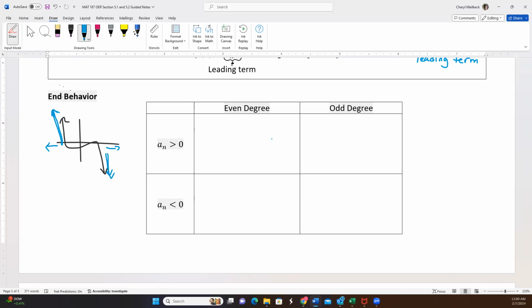So if you have an even degree function, so if the highest power on your function is even, then as x approaches infinity and as x approaches negative infinity, the y values approach infinity.